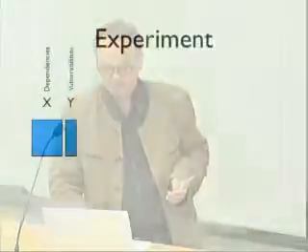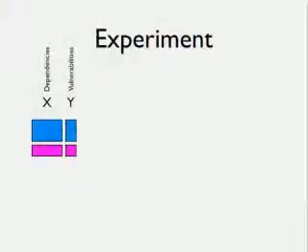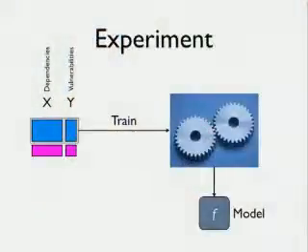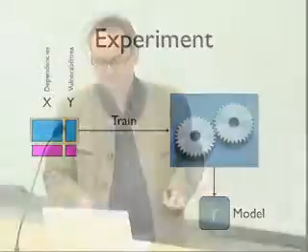In order to evaluate whether our approaches are good, we make experiments, and we do them like this. We have a big matrix with our dependencies and a vector with our vulnerabilities. We split them in a 2-1 ratio, so 2/3, 1/3. Then we use the bigger set to train a statistical model, and we get a model F out of this.